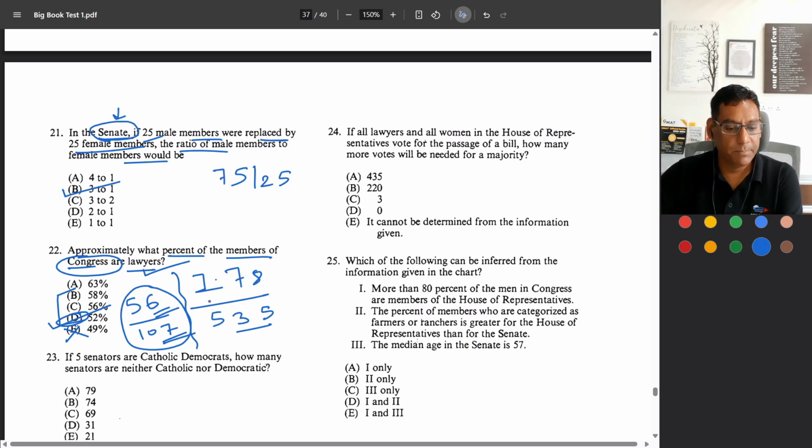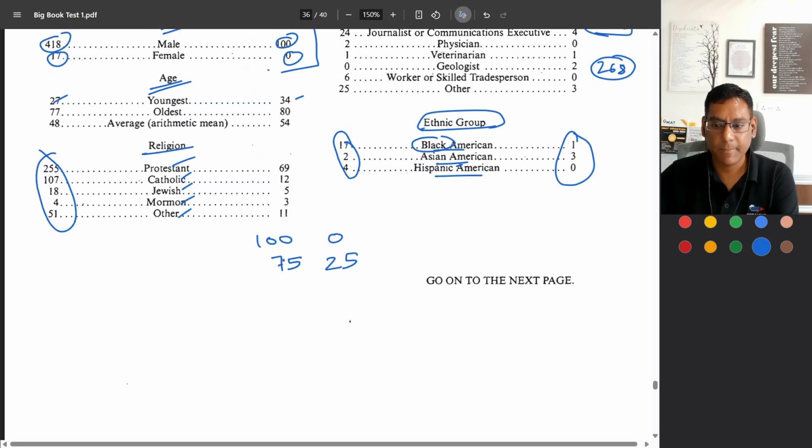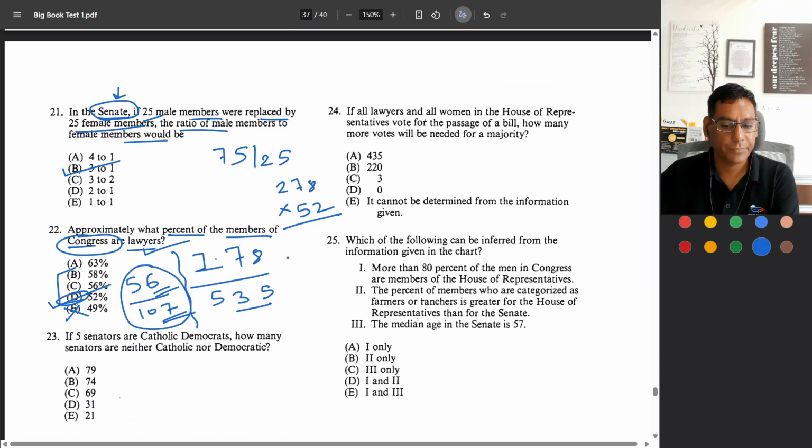You can also do verification. For example, you can do 535 into 0.52, and then you'll get a number close to 278.